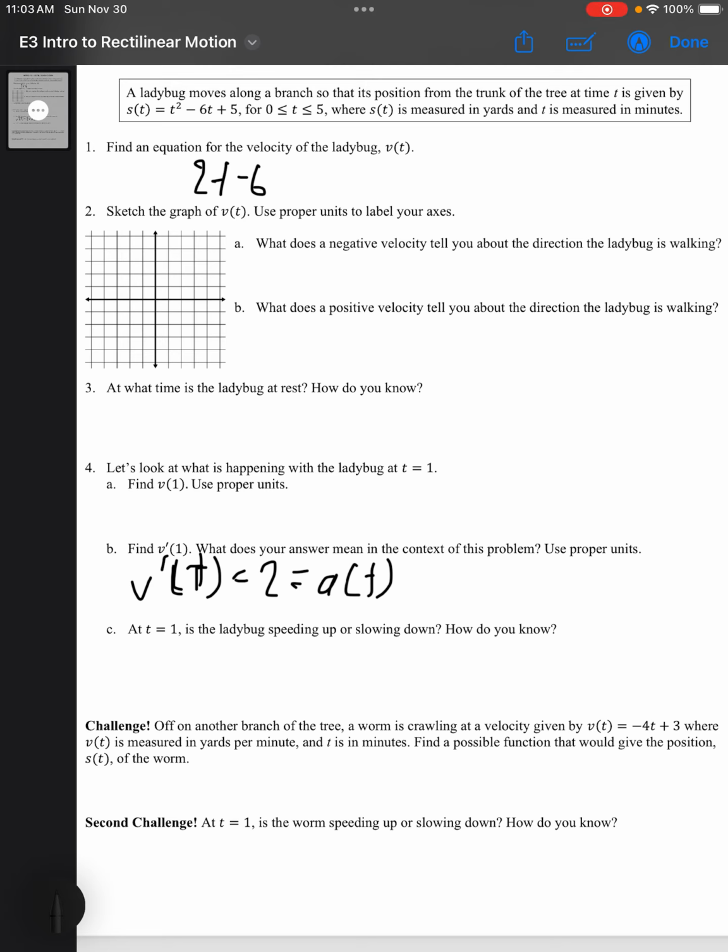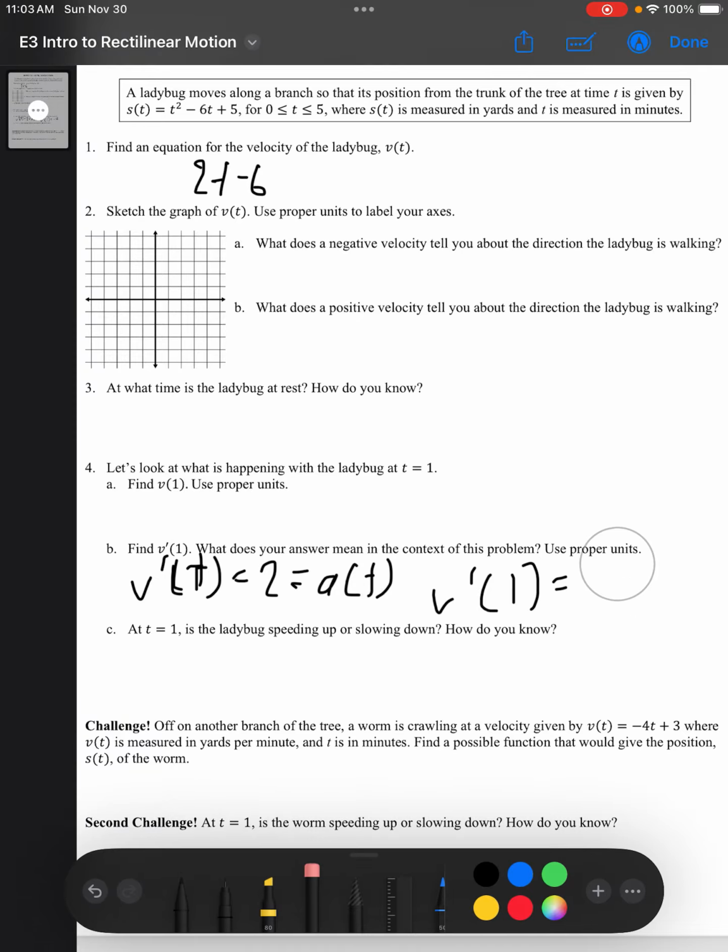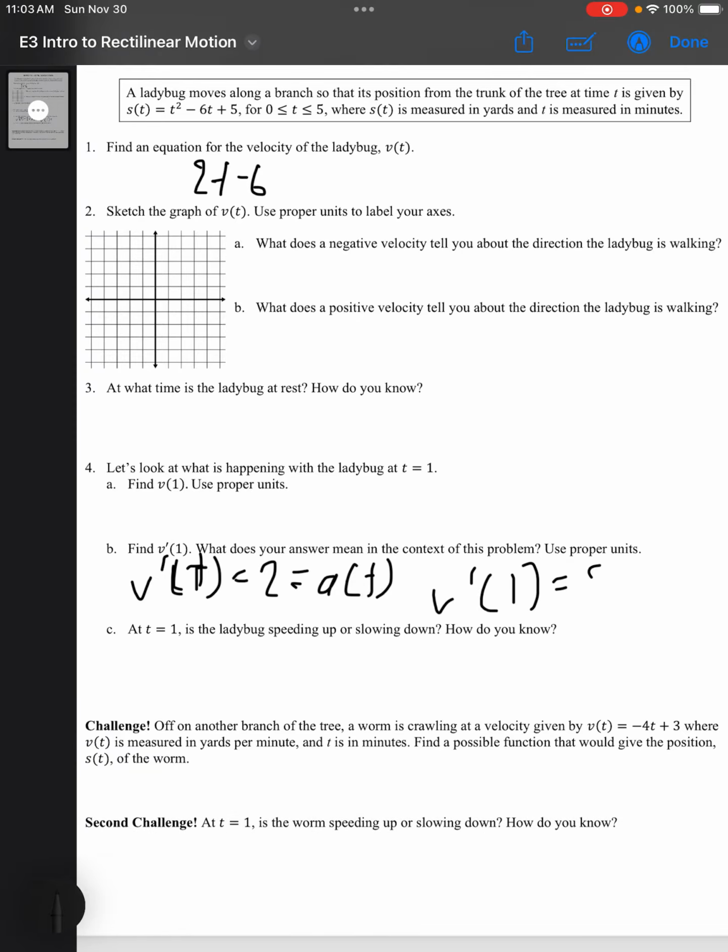So we just found what v prime of 1 is, and that was -4. Wait, no. V prime of 1 is 2, sorry. V prime of 1 is 2, and v of 1 is -4. Is the ladybug speeding up or slowing down?